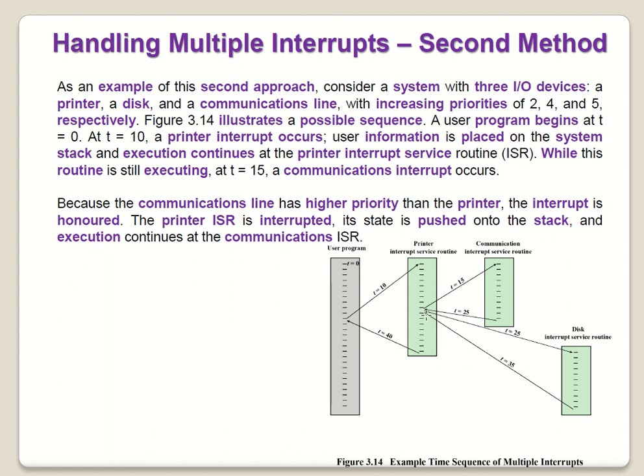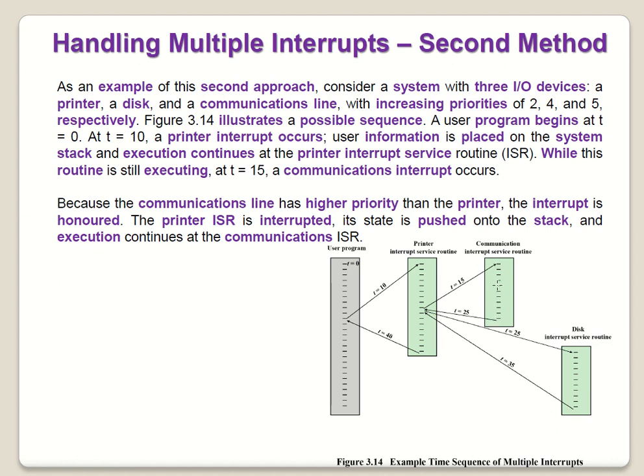The printer priority is 2, and the new request from the communication line has priority 5. Higher the number, higher the priority, so you need to execute the high priority device. The CPU suspends the execution of the printer routine and jumps to the communication interrupt service routine. At time 15, it starts to execute that routine.